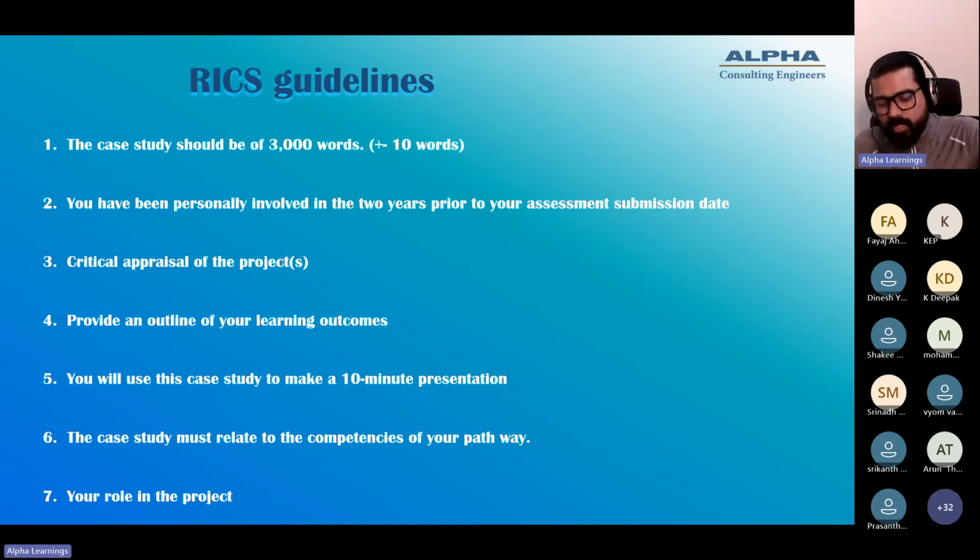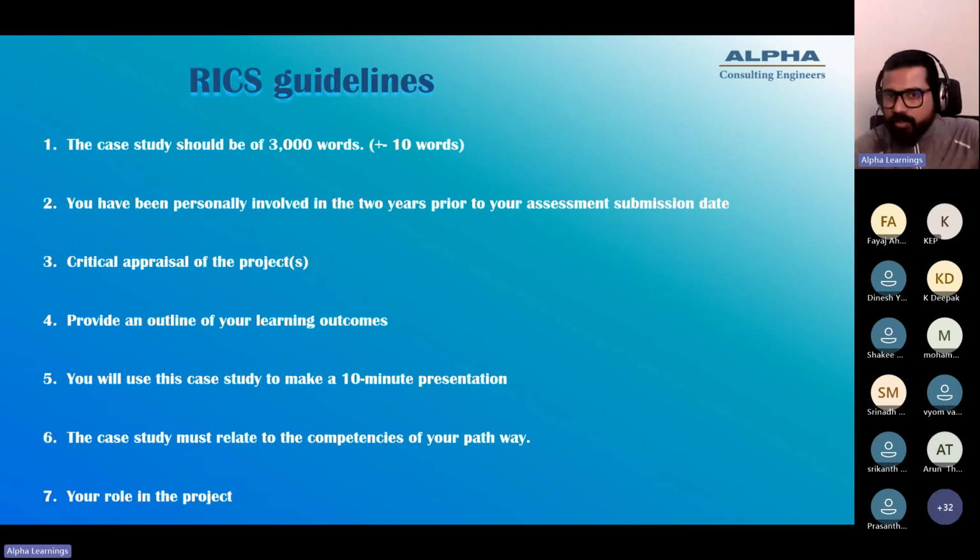Say you are going for the preliminary assessment review, right? Say it is in February, and you submit in February 2025. You submitted a case study which you did in March or April 2023, right?